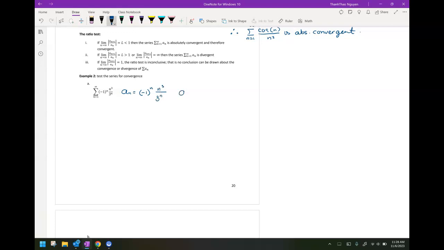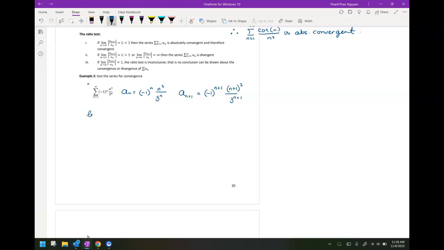Okay. A sub n plus 1 is equal to -1 to the n plus 1 times n plus 1 to the third divided by 3 to the n plus 1.